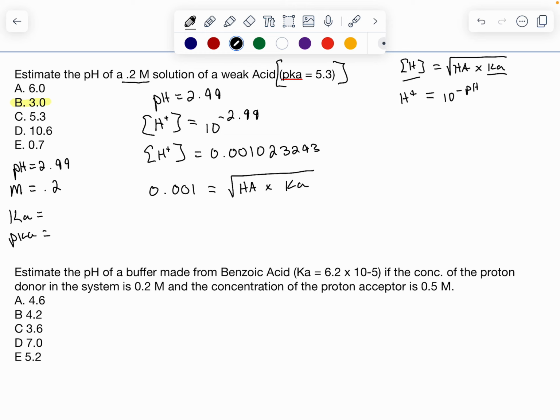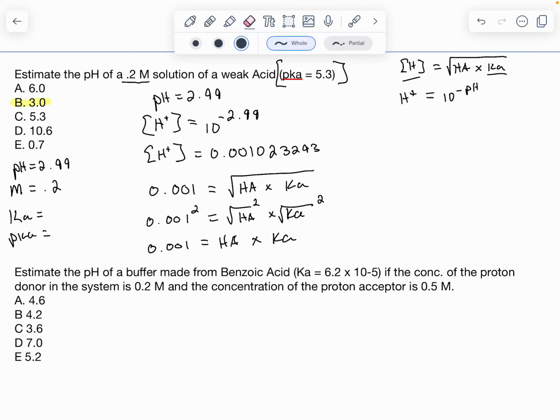We can isolate those variables here. What I like to do is isolate the values and raise each to the power of 2 to get rid of that square root. So we're left with 0.001 squared equal to HA times Ka.